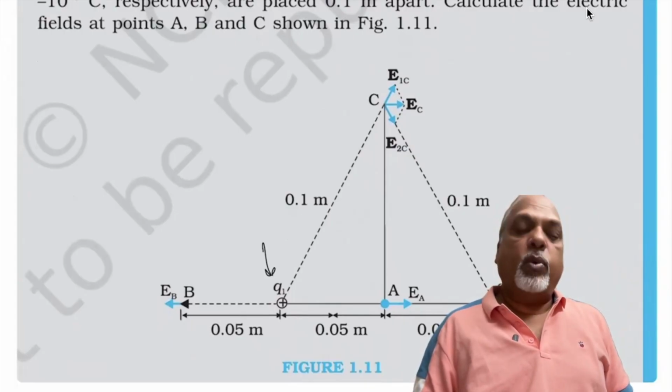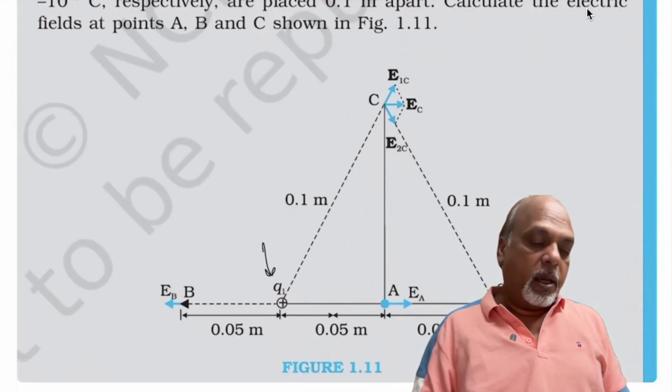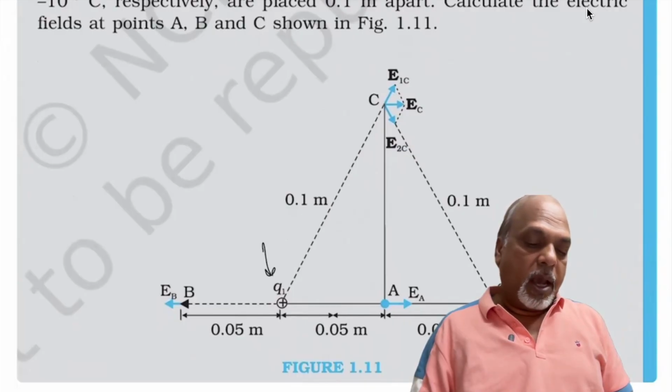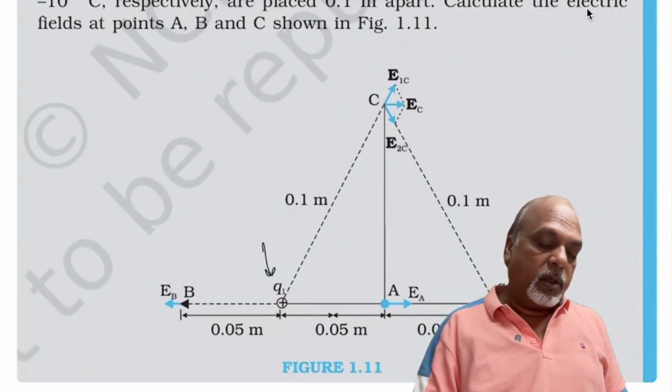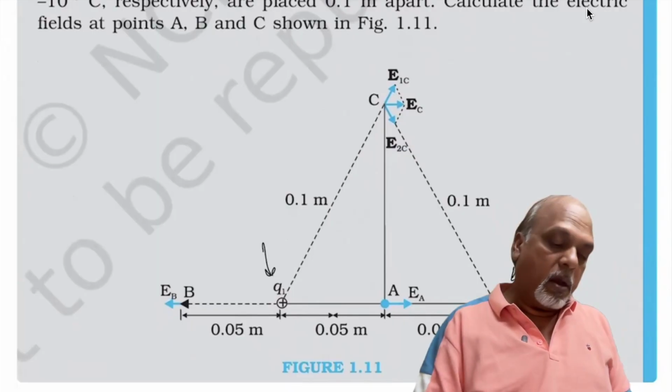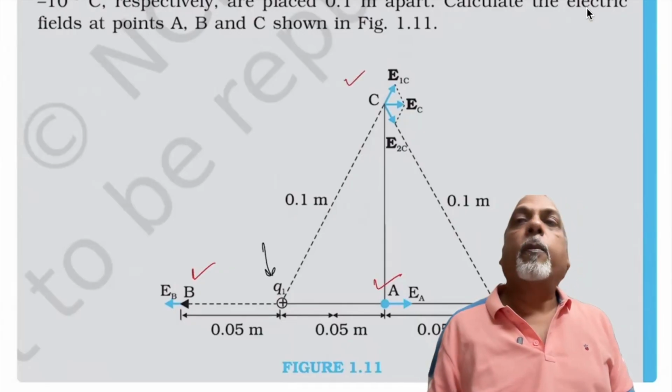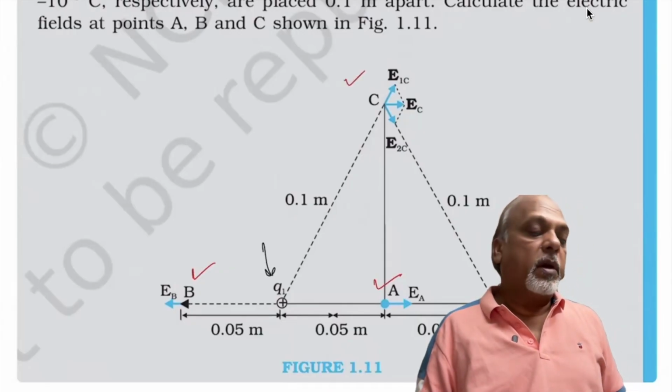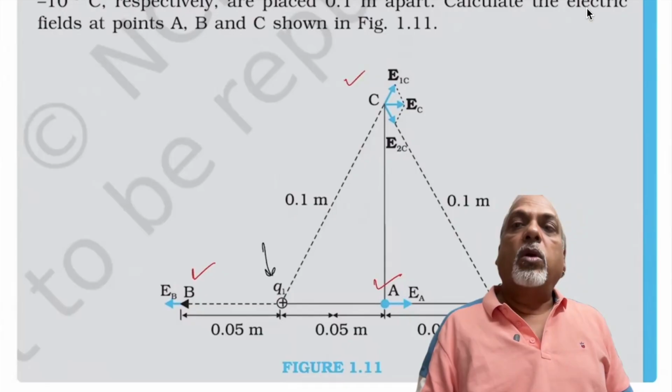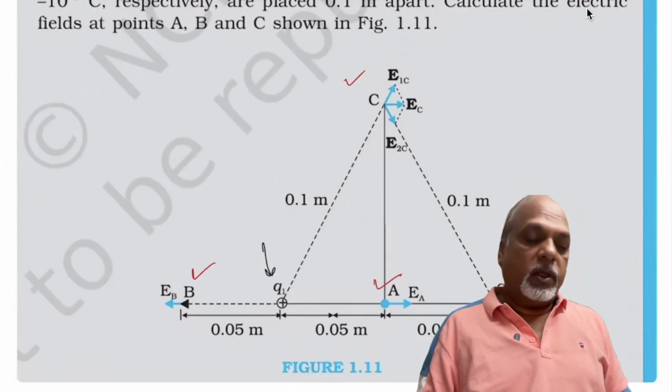Calculate the electric field at points A, B, and C. So A is this, B is this, and C. Correct?